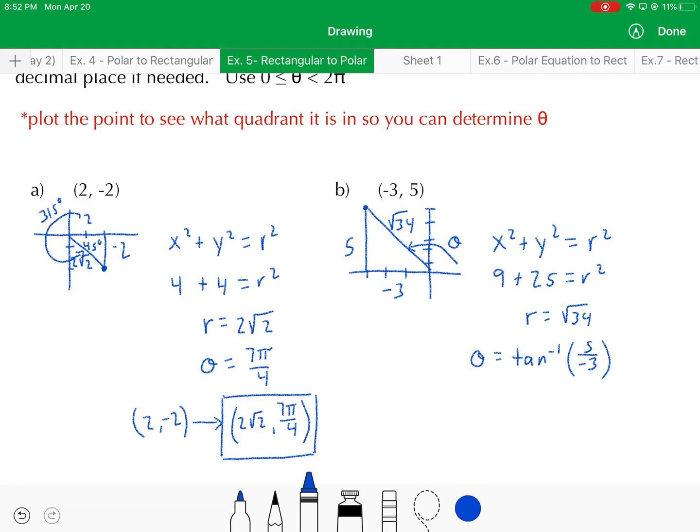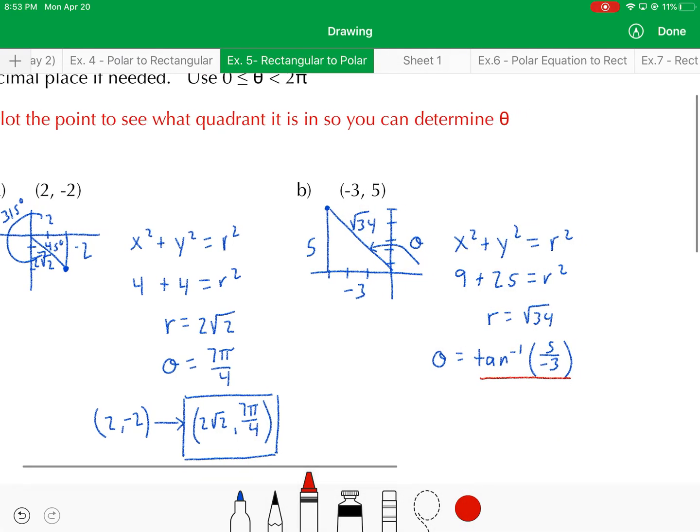It's been a while, but recall all of our inverse functions, they have range restrictions to them that only allow them to be in 2 of our 4 quadrants. So in the case of inverse tangent, you can only be in quadrant 1 or 4. Here it's 4 because the argument is negative 5/3. Okay, so think about this.